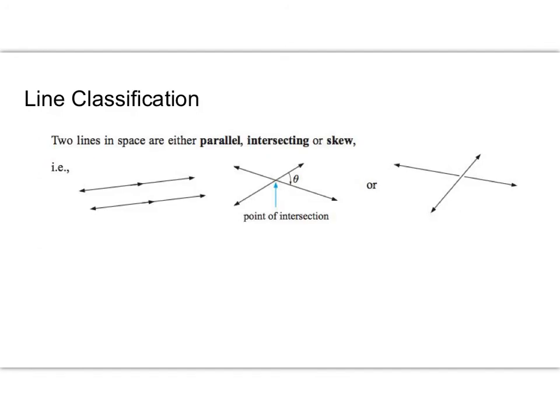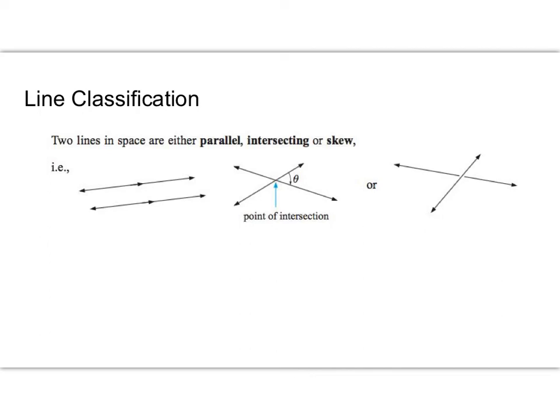And so now we can go back to the line classifications. So from geometry, hopefully you remember that two lines in space have three possibilities. They are either parallel, intersecting, or skew. If they're parallel, that just means they never intersect, but they're the same distance apart all the way following the vectors.